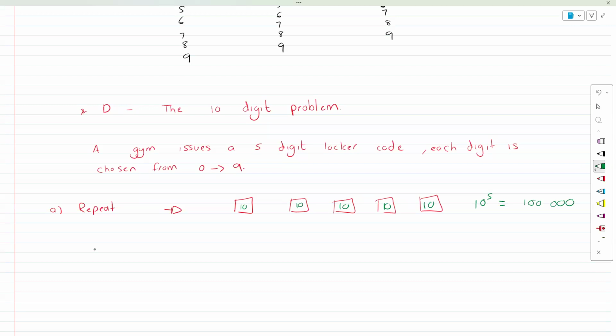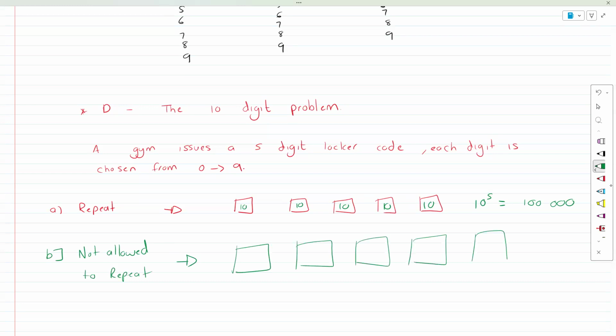But question B, if we're not allowed to repeat. So if we're not allowed to repeat, now the slot method works even better because it's still simple. 1, 2, 3, 4, 5.